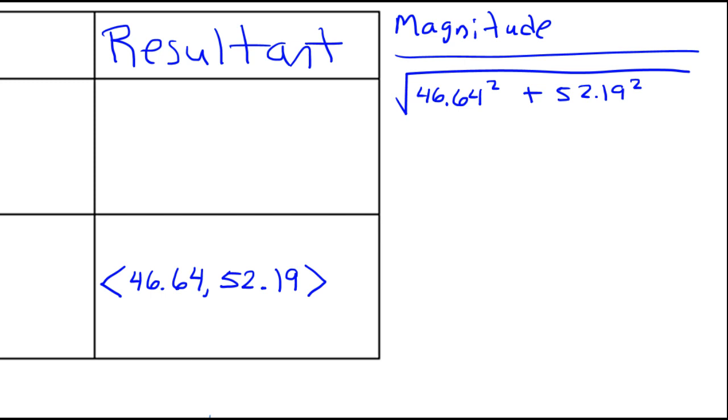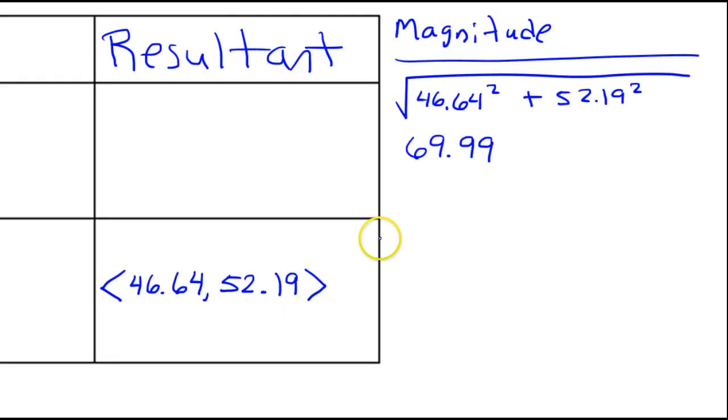That's 69.99. That means the total trip had a distance of 69.99 miles. That's the magnitude. But we also want the direction.